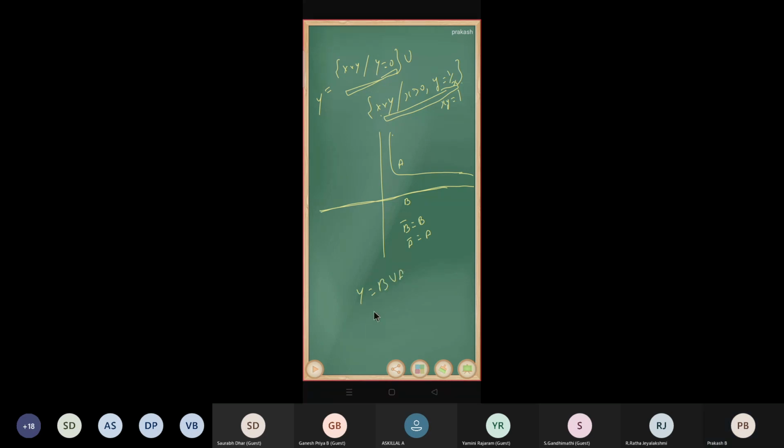And B bar intersection A is nothing but B intersection A. There is no common element for these two. That is equal to empty. So B intersection A bar equal to again B intersection A equal to empty. So we have a separation for this one, right? Therefore, it is a disconnected set.